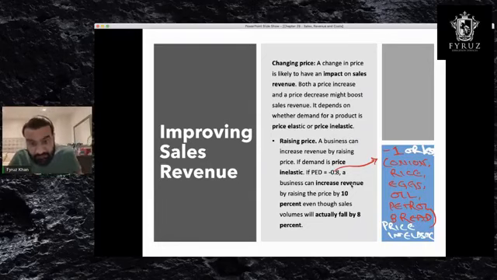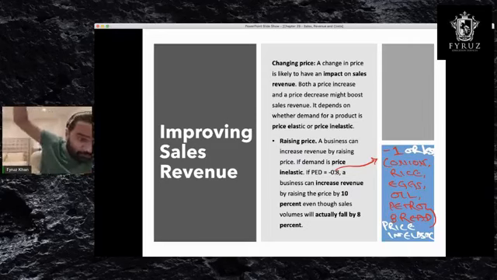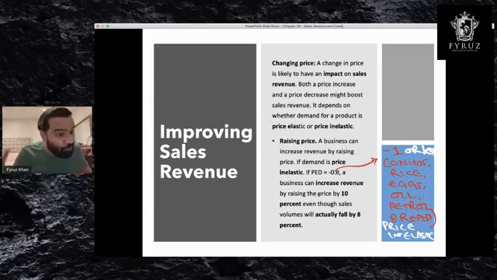Here, the value is minus 0.8. That means it is price inelastic, which means whether you increase the price or decrease the price, the demand will not change so much. Why won't it change? Probably because it is an essential good like onion, rice, eggs, petrol, oil.